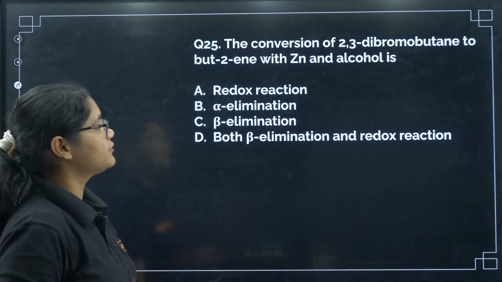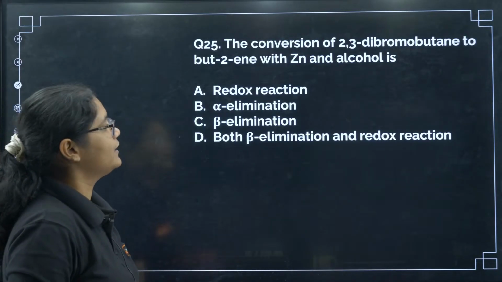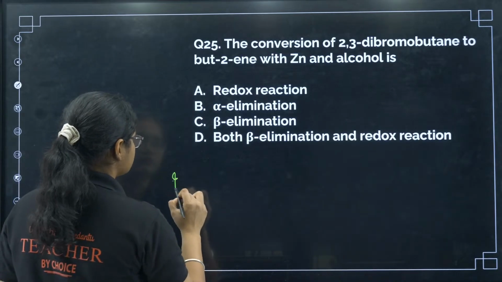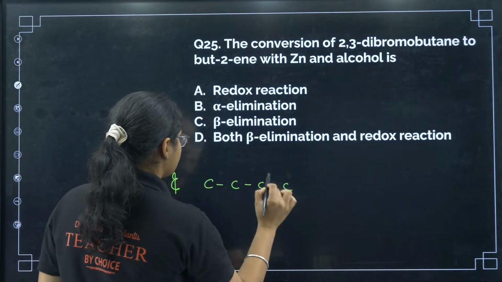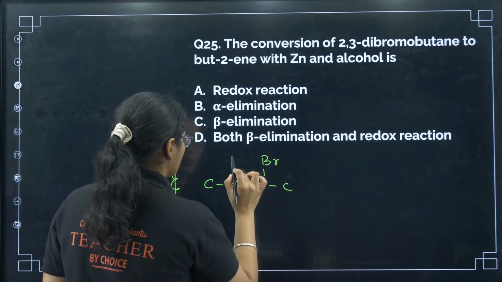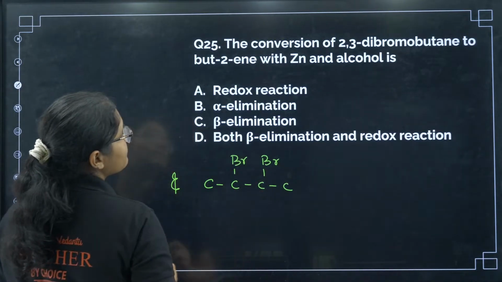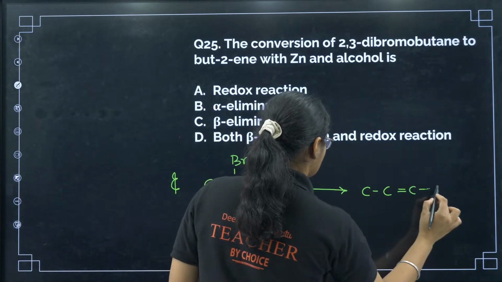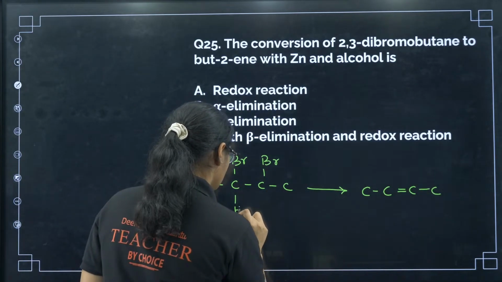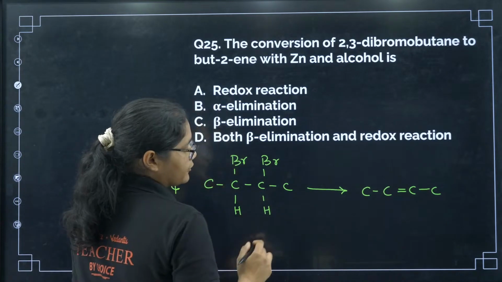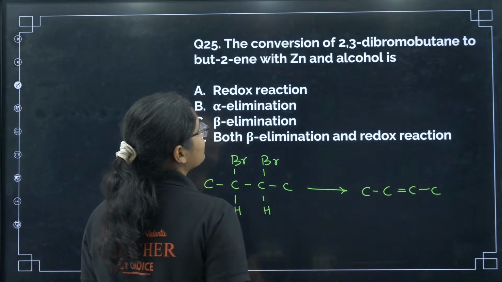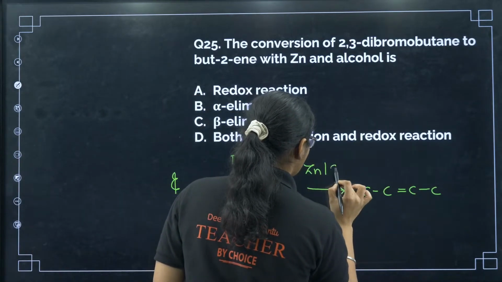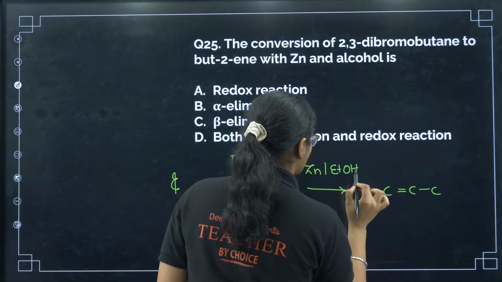Next, the conversion of 2,3-dibromobutane to but-2-ene with zinc and alcohol.